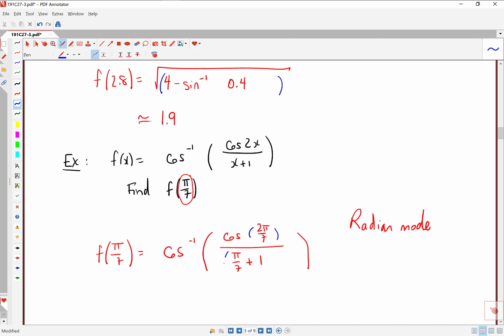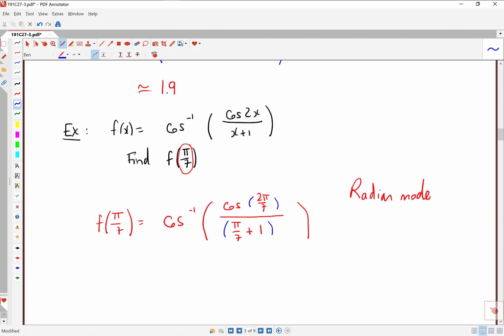You would also want brackets here so that the calculator understands that you want to divide by this entire expression, pi over 7 plus 1. Okay, so if we bracket that way with the 3 sets of brackets, our answer should come out to about 1.1.